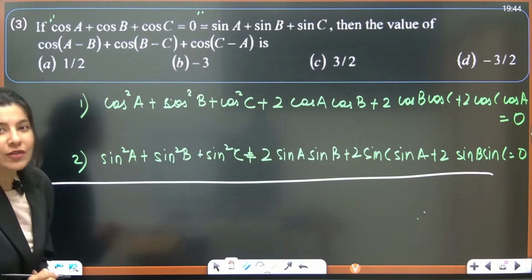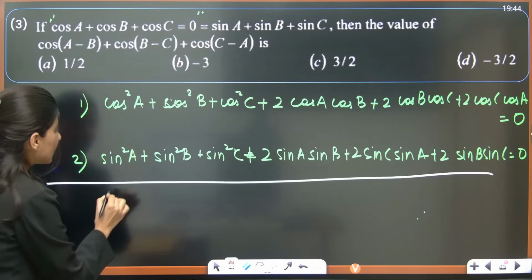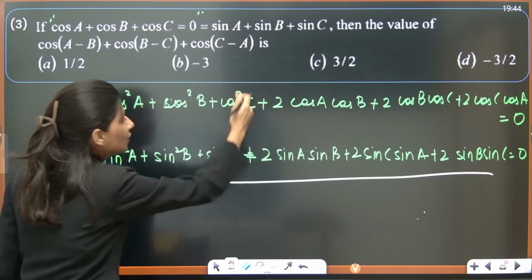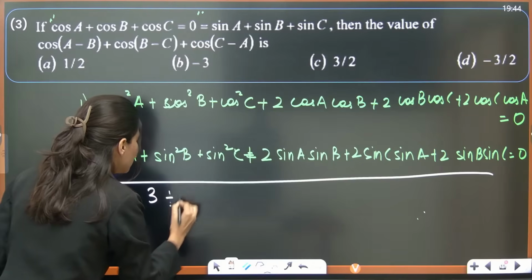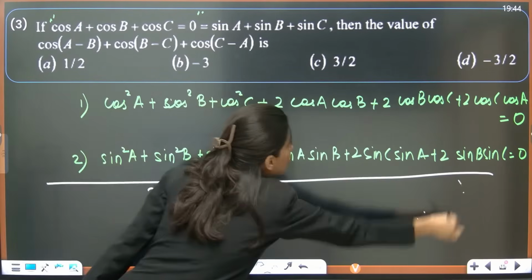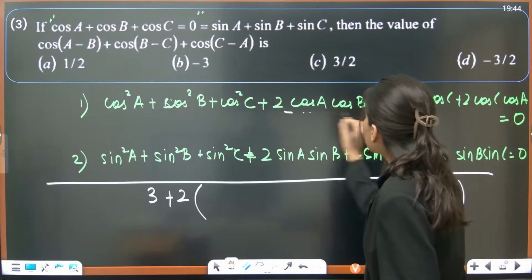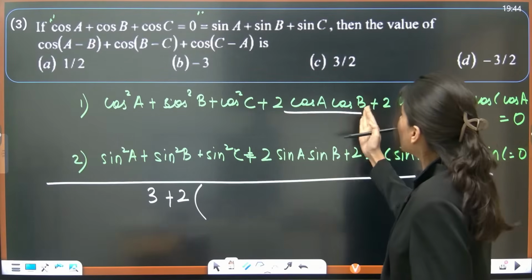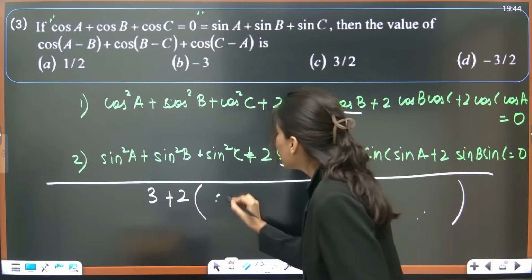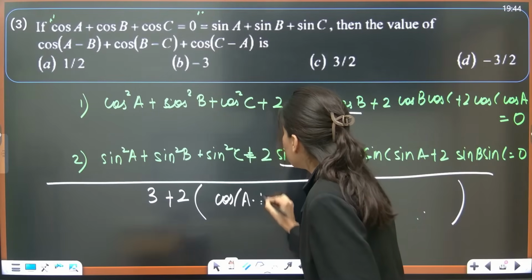If you add it, what will you get? Cos square A plus sin square A will be 1, then this is also 1, this is also 1. So 3 plus 2, twice of. I have taken 2 common. Cos A cos B plus sin A sin B will be cos(A minus B).